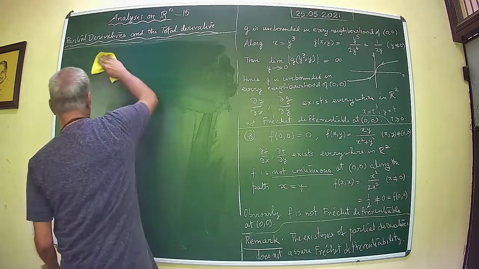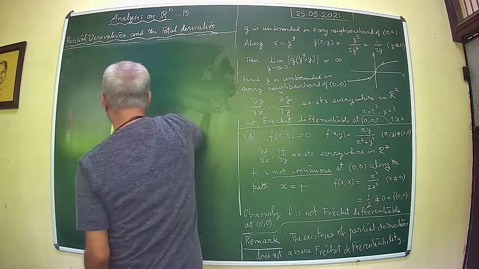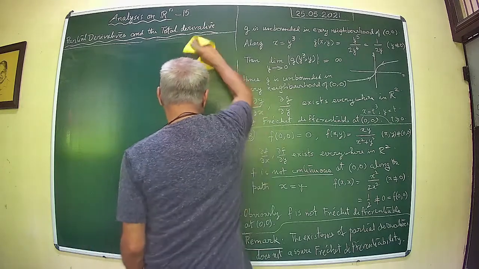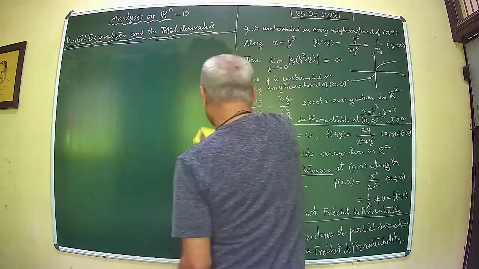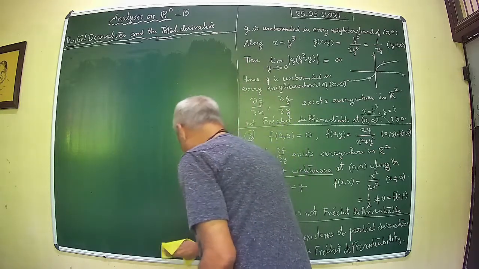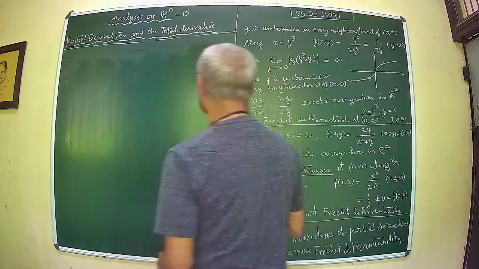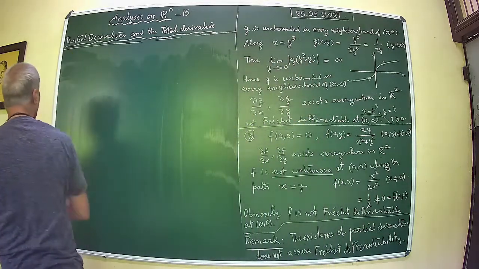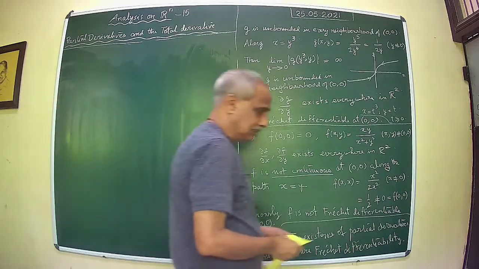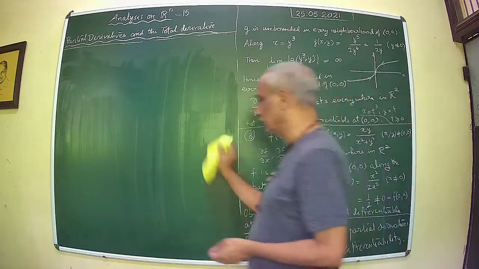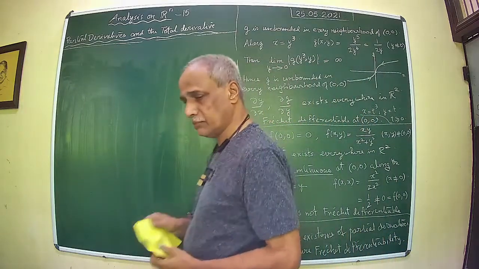See, more examples, if you examine it, it will be really worthwhile, because you would get an insight into the intricacies of what is in store when you consider functions of several variables, and how restrictive is the differentiability condition, I mean Frechet differentiability condition.